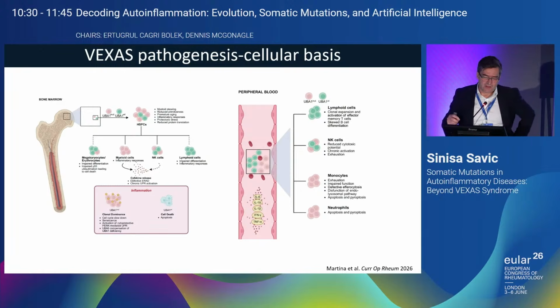Interestingly, when you look down the stream in terms of development, it is only really the myeloid lineage, neutrophils and monocytes, that can exist with these mutations in the periphery. All the other immune cells, the lymphocytes, B cells and T cells, tend to die within the bone marrow if they carry the mutation, but the cells that are present in the periphery are neutrophils and monocytes, which then cause most of the damage.